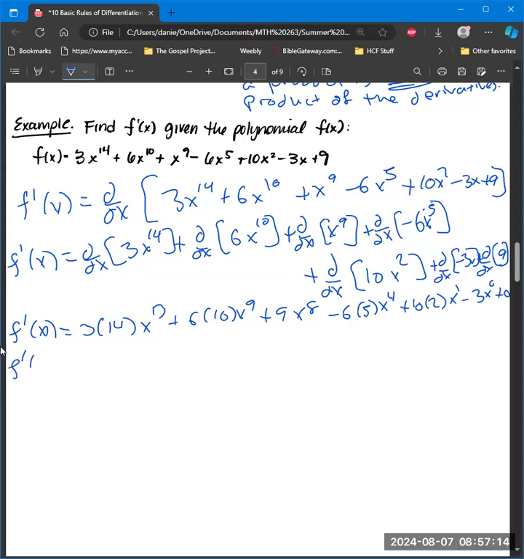So f prime of x is going to be 42x to the 13th plus 60x to the 9th plus 9x to the 8th minus 30x to the 4th plus 20x minus 3, and then plus 0 does nothing.